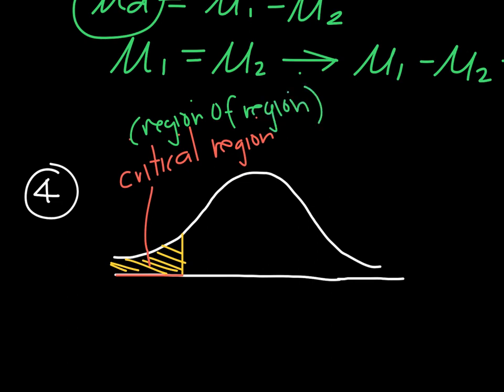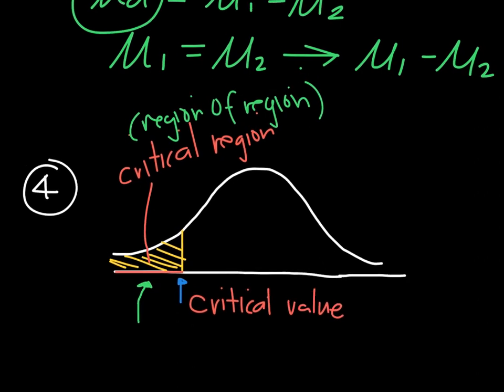If the number that we have in step number 3 falls in this region, then that means we have to reject the null hypothesis. But before that, we need to know exactly the boundary, this number which is our critical value.